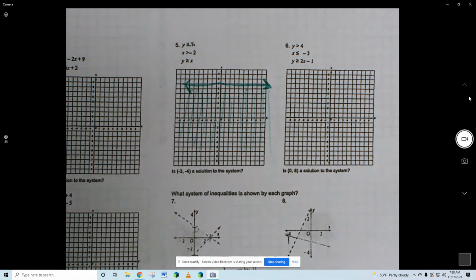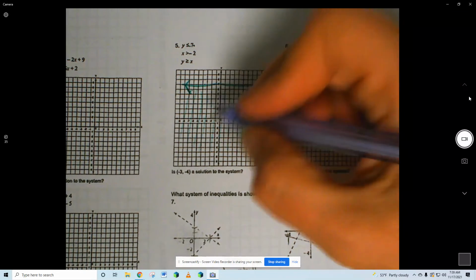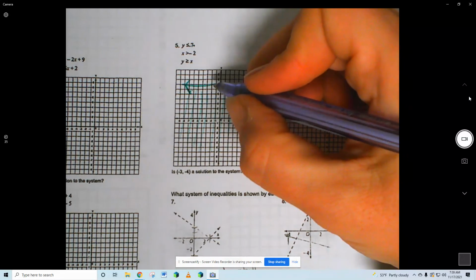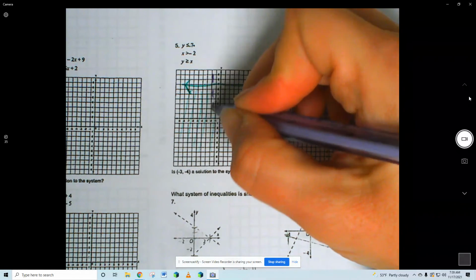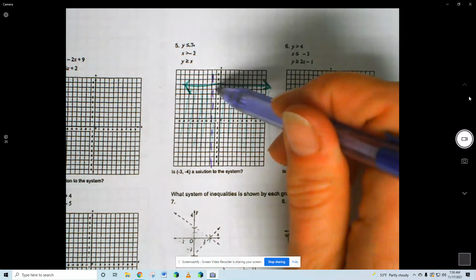Is it a vertical line or a horizontal line? X is greater than negative 2. Is that vertical or horizontal? Vertical at negative 2. Oh, but it's dotted, which is also hard to do, but just do your best. And the shading is greater than.